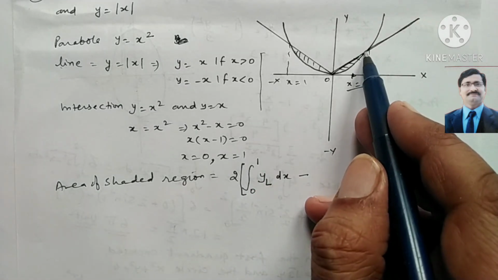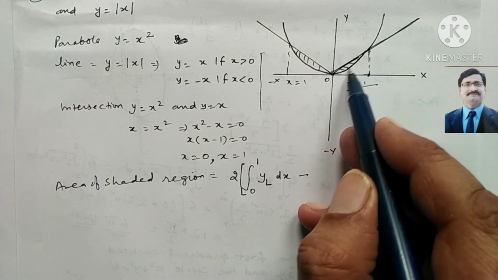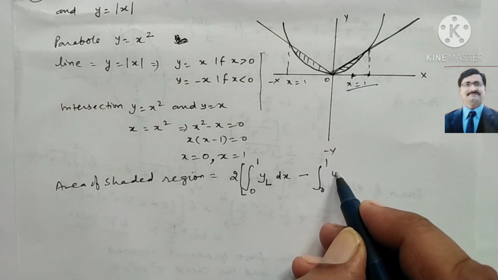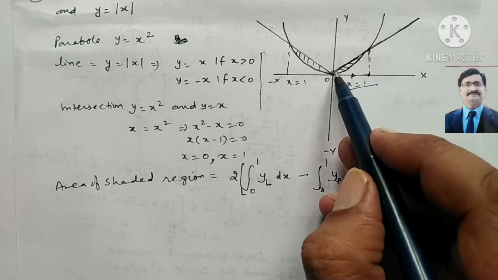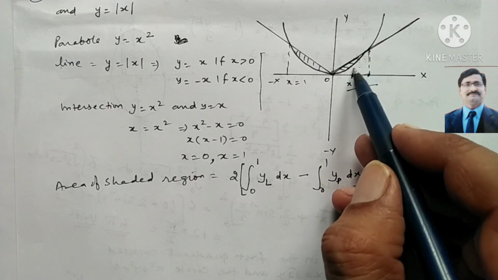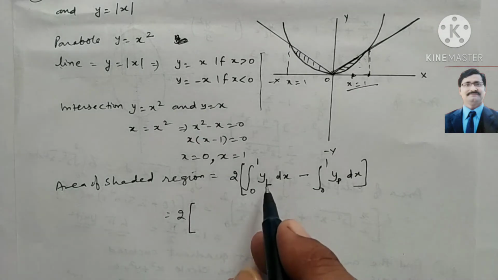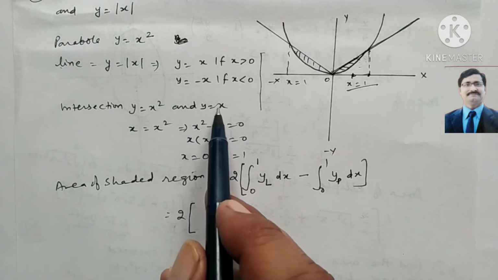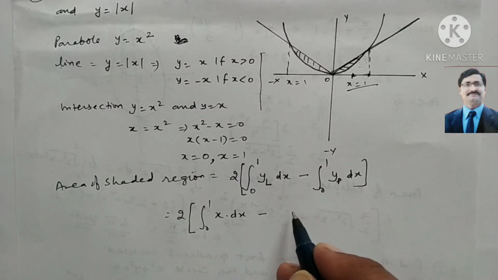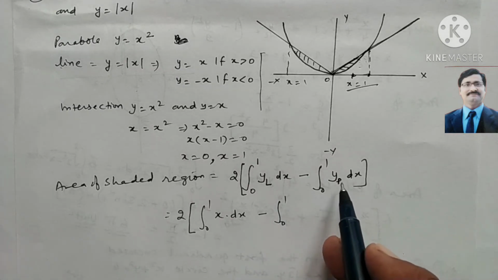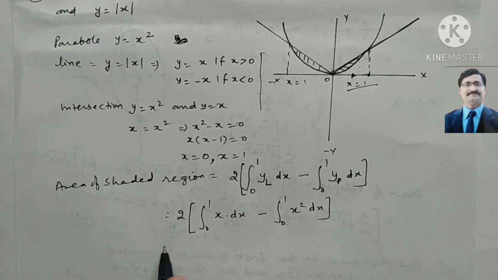If we take the line, we get this area of triangle, and we take this curve, means 0 to 1 y of this parabola and dx, then we have to subtract this area. So we do this type, and from the line we get this y, this is x, so we can write 0 to 1 x dx, minus 0 to 1, and y from parabola we write x square dx. Look here, we have to do integral only.